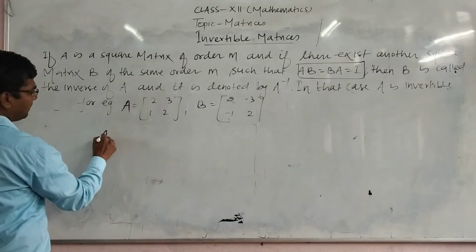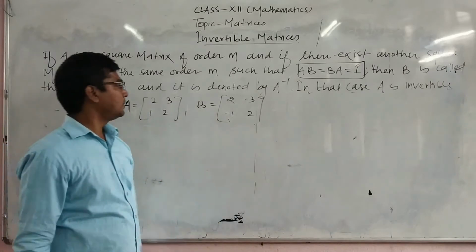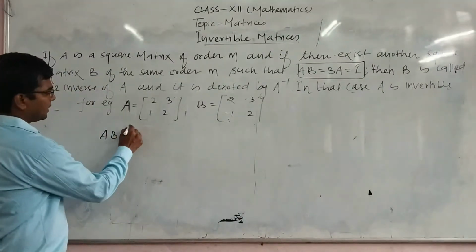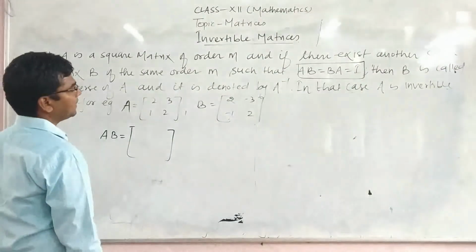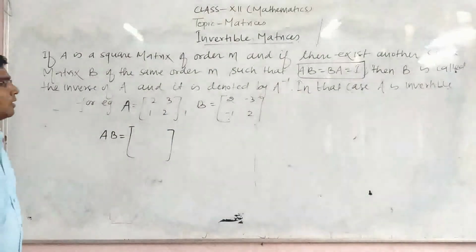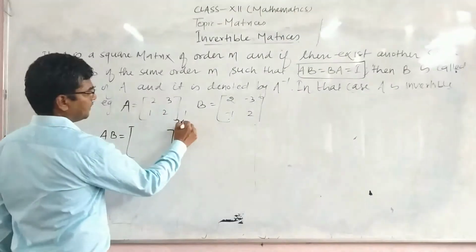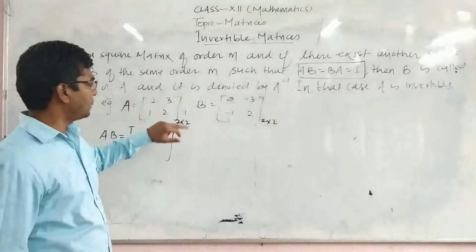So, first of all, A is a 2 by 2 matrix, B is another 2 by 2 matrix. So, what will be the output? You know how to find the product of the matrix. First of all, it should be conformable. Yes, this is conformable. What is the meaning of conformable?